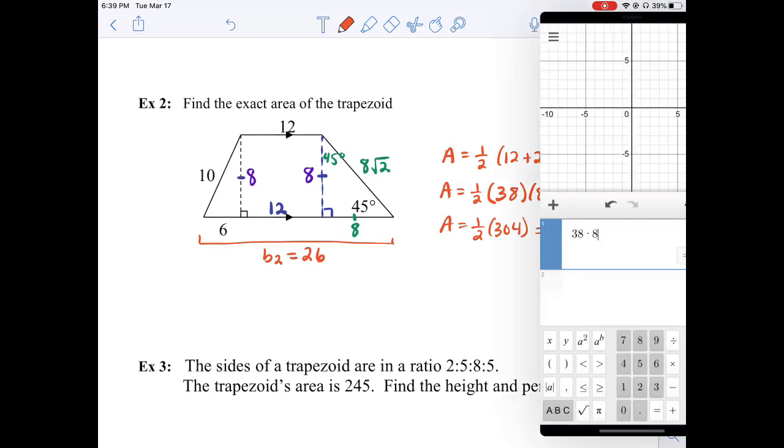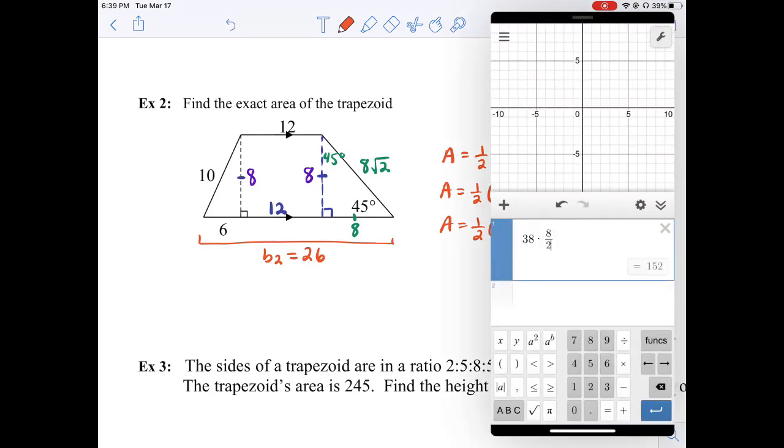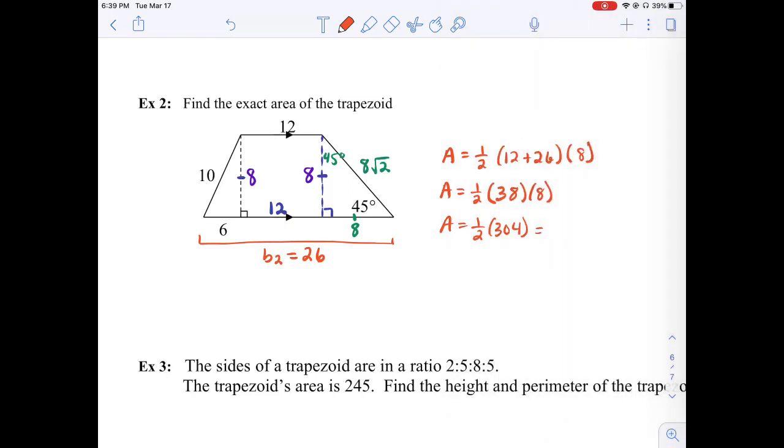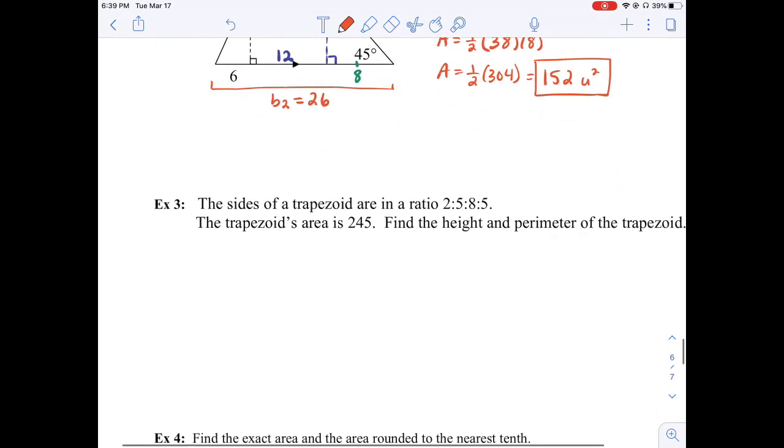And then now I'll take that number and I'll divide it by 2 to give us a total area of 152 square units. All right, so there's a couple of basic examples. Let's look at one more here before we finish. That is a more complex example.